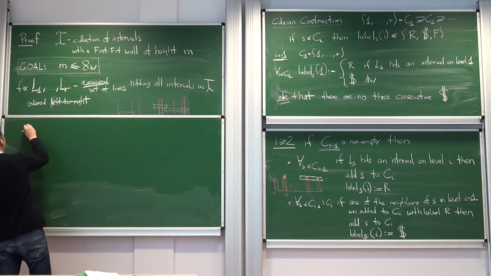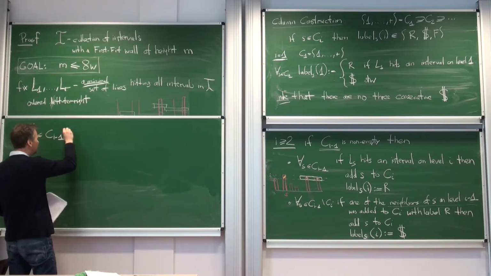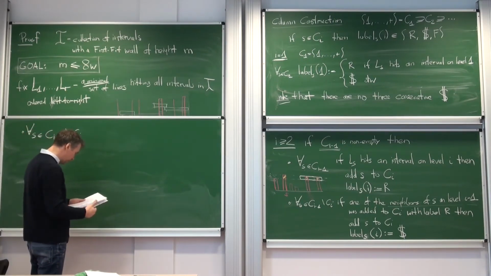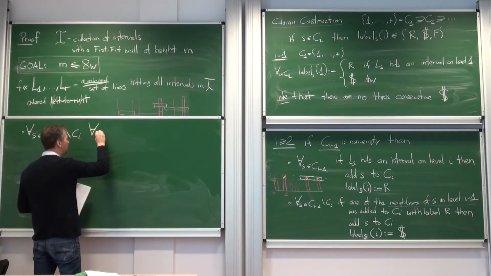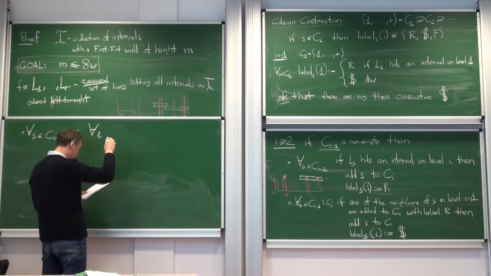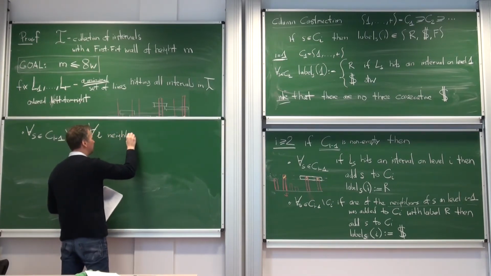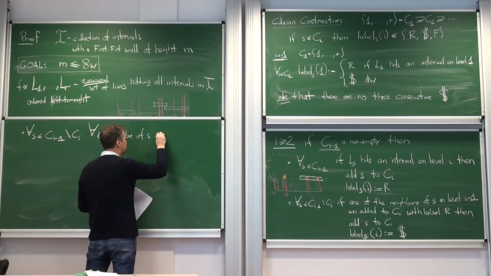So for each column that got to I-1 and didn't get yet to I, and for each neighbor, so L, neighbor of S, on level I-1.